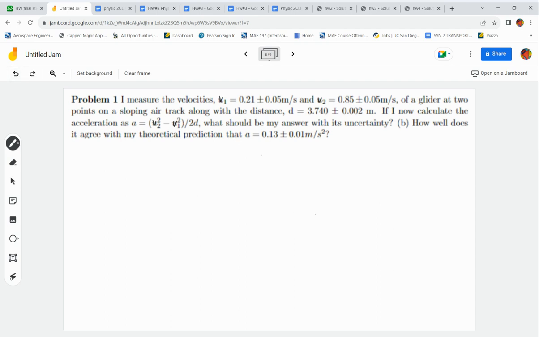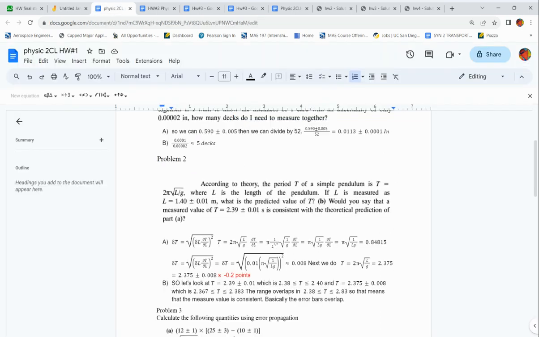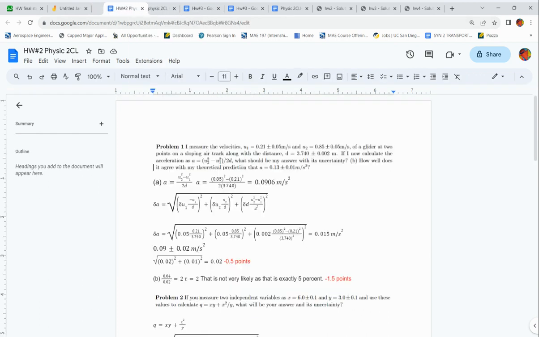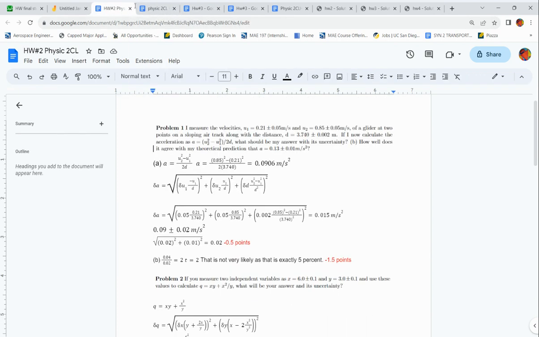Anyways, a glider of 2 points. Okay, distance that. If I want to, this is a. Okay. How would you even do the second part? I got the second part wrong if I remember correctly. Oh, that's question one. Oh, I know how to do that.